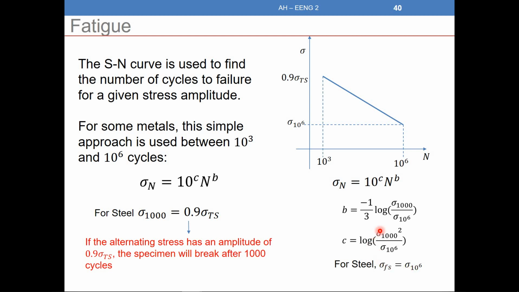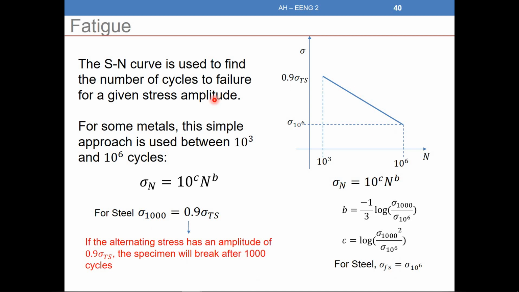And sigma 1000 is the stress whose amplitude is equal to 0.9 sigma ts, only for steel. Just to remind you, sigma fs equals sigma 10 power 6. Any stress below sigma 10 power 6, or sigma fs for steel, I will never have failure even if I repeat it 1 billion times. Okay, so that's the fatigue limit here.